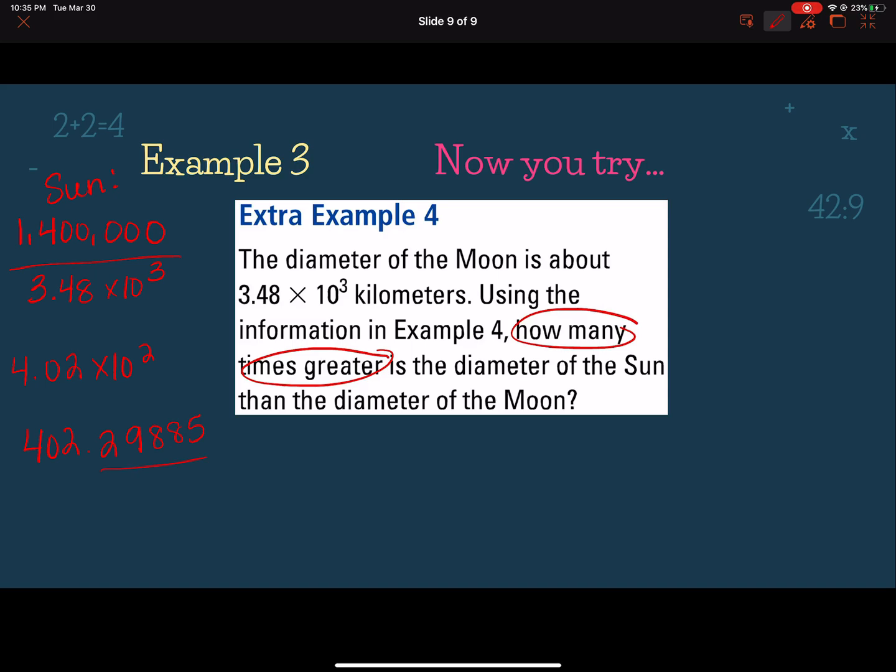So in my answer, I'm going to say that the sun is the bigger one, and because I'm saying the word about, not including the decimal point is okay. It's about 402 times bigger than the moon.